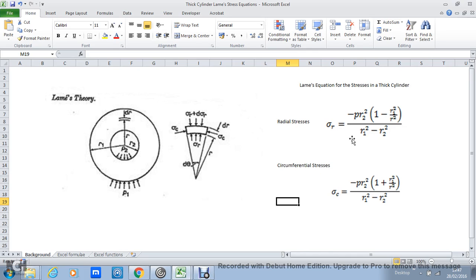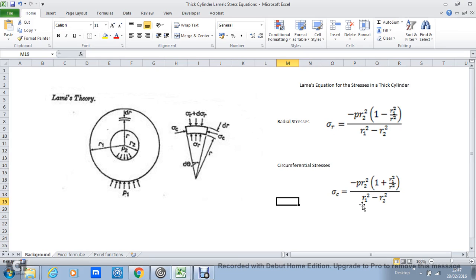So for a given cylinder of given dimensions R1 and R2, and for a given case with an internal pressure P, the only variable within this formula is the small r. This formula enables us to input a value for r, which is any value between r2 and r1, which will give us a radial position within the thick cylinder, and that will give us the radial stress at that position.